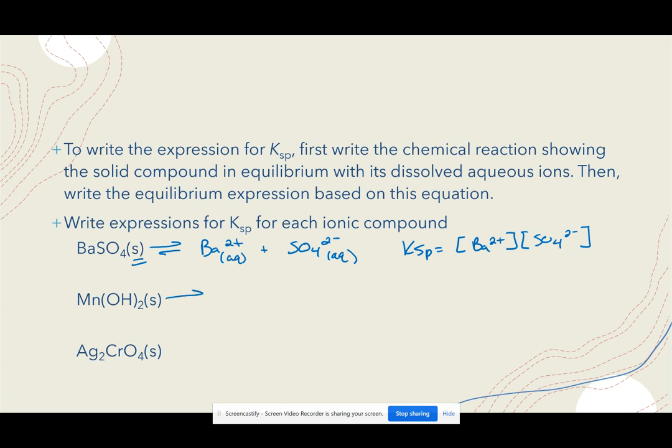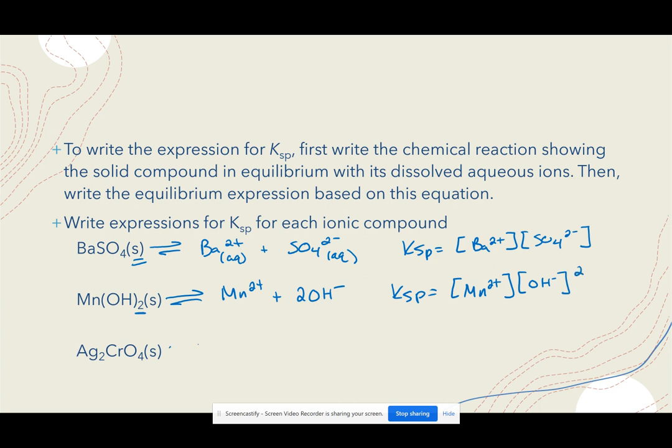With this manganese hydroxide, that's going to dissolve into one manganese ion and two hydroxide ions, because there's two of them in the formula. So my Ksp expression is going to be the concentration of manganese times the concentration of hydroxide squared.